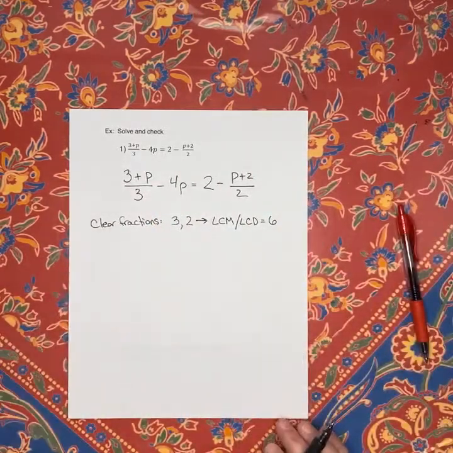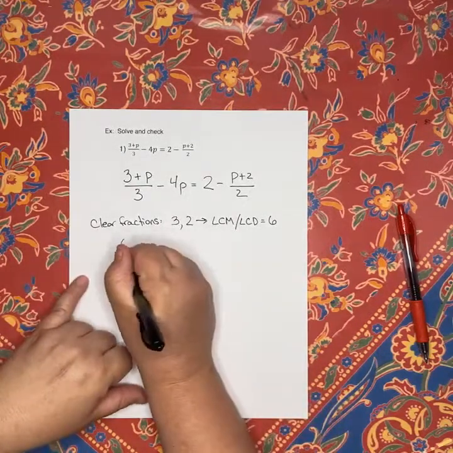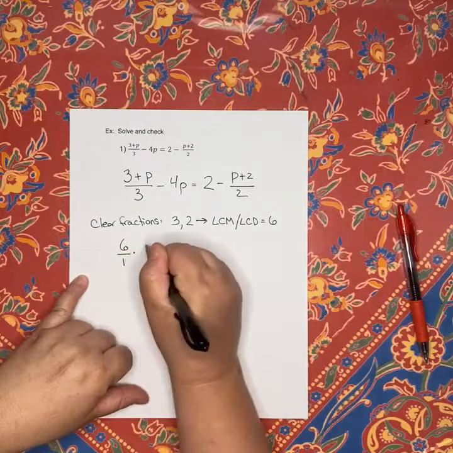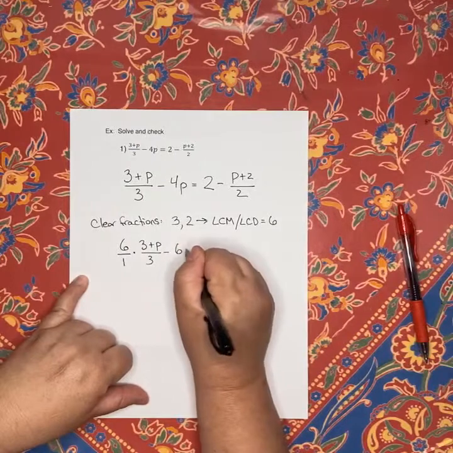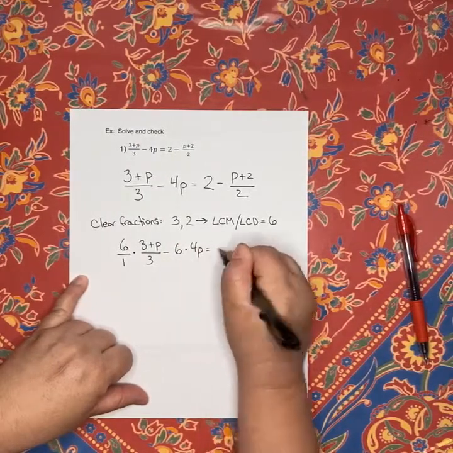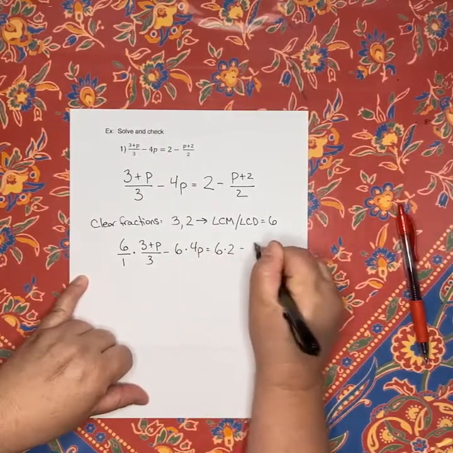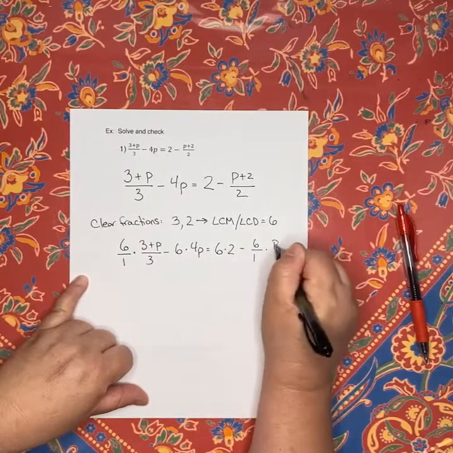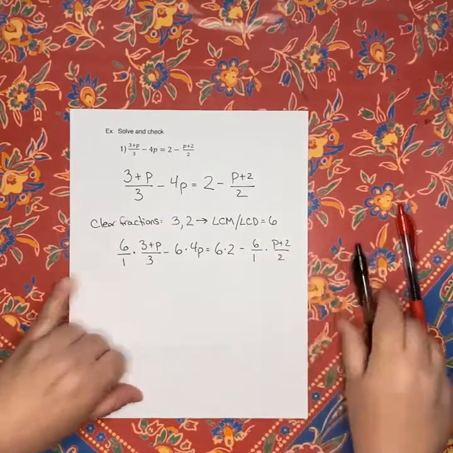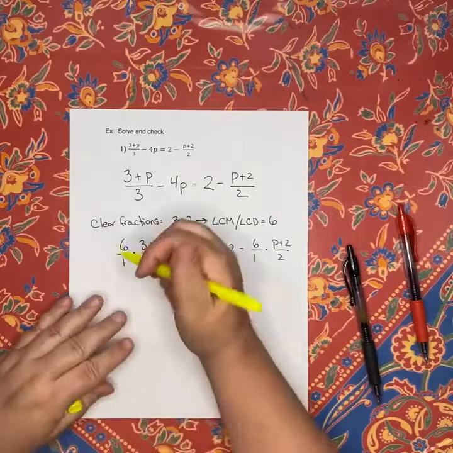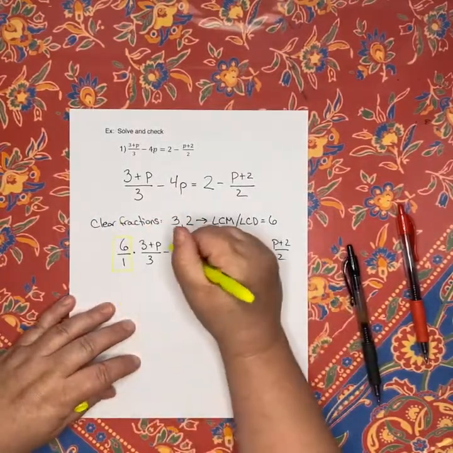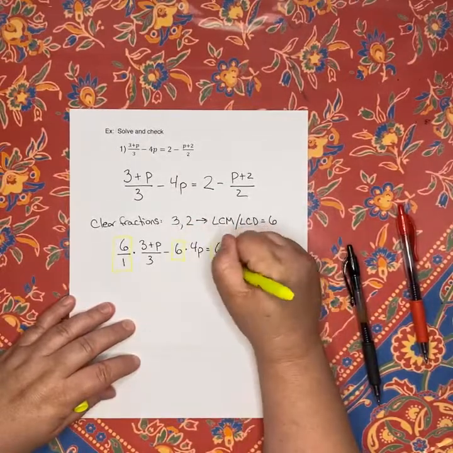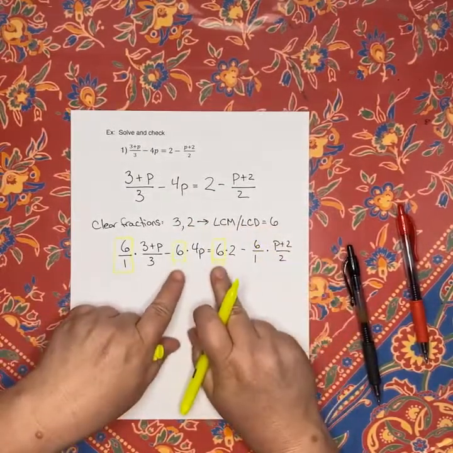Imagine you are Oprah. Everybody gets a 6. Notice that when I'm working with a fraction, I write it in its fractional form. And when I'm working with whole numbers, I write it as a whole number.